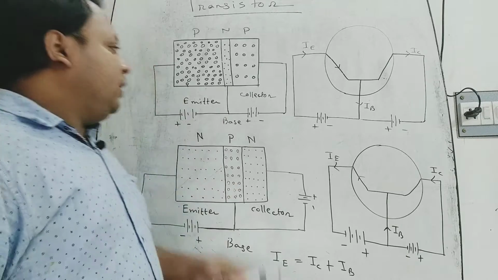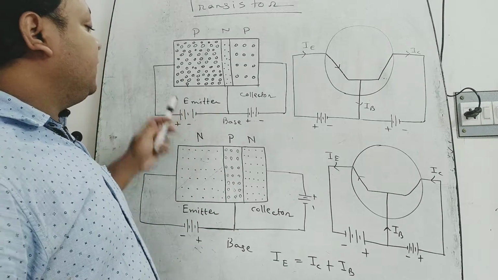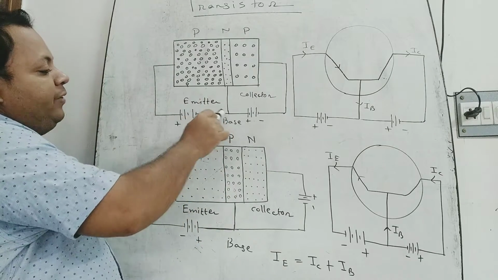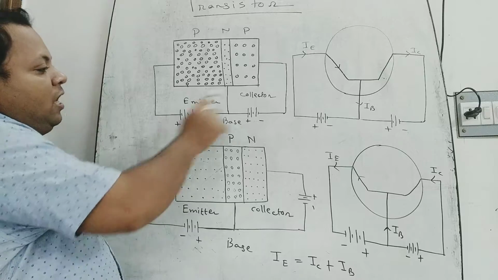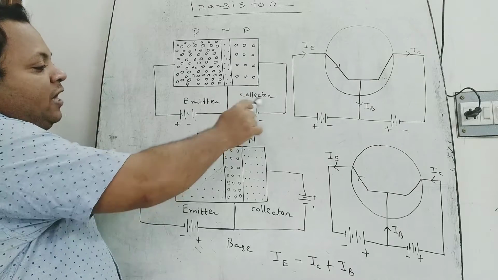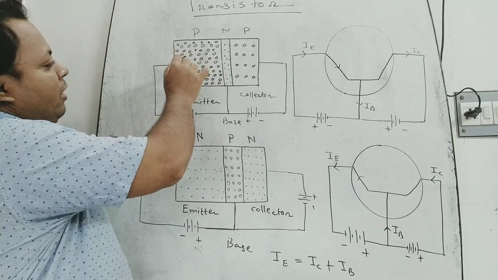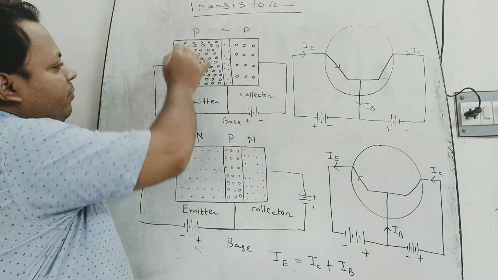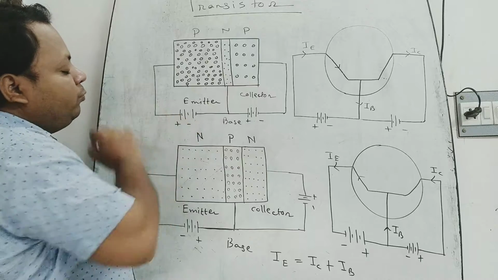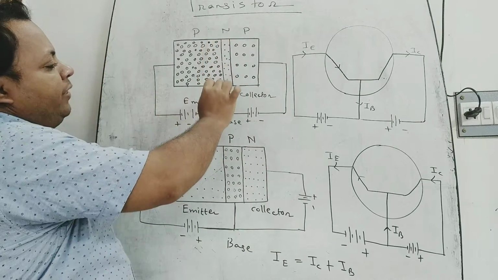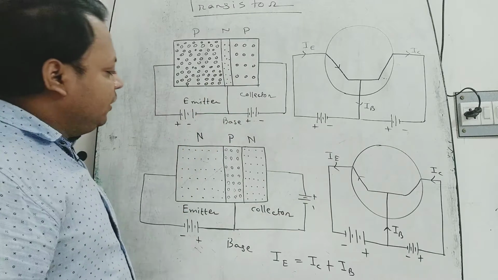In general, the emitter and base are forward biased, and collector and base are in reverse bias. That is, here the P type emitter is connected with the positive pole of the cell, and the N type base is connected with the negative pole of the cell.